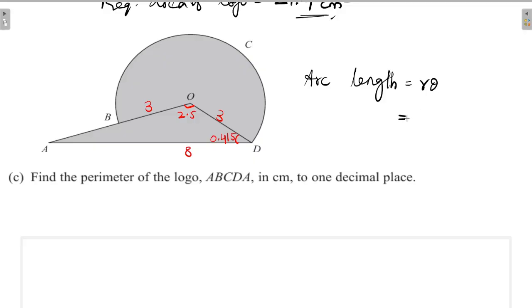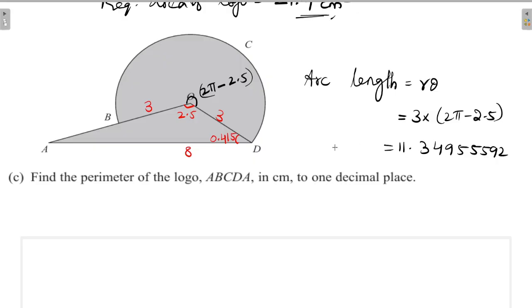Here r is 3, and theta is 2 pi minus 2.5 because this is the major sector, major arc. So 3 times 2 pi minus 2.5 is equal to 11.3495592. This is the length of the arc.